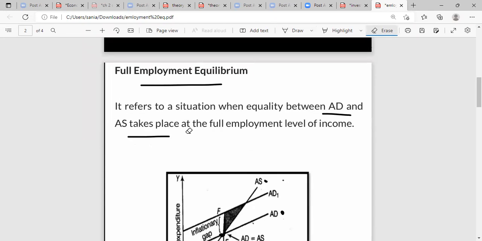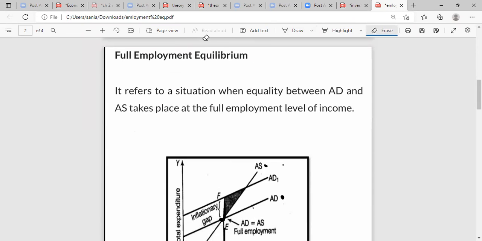Yes, no? So first of all, you will write full employment equilibrium, then write this definition.